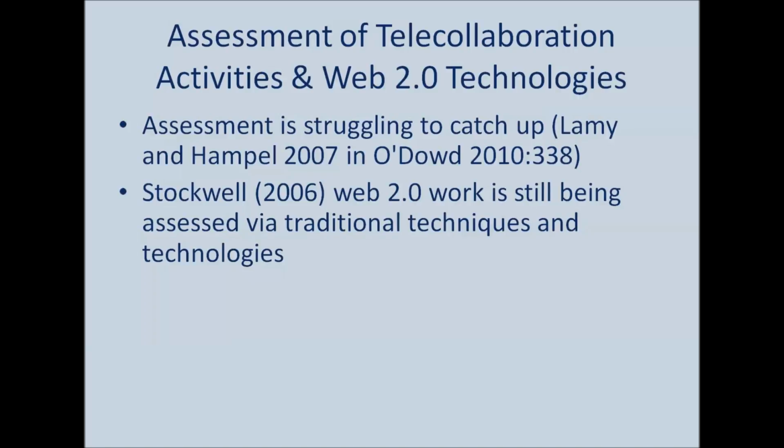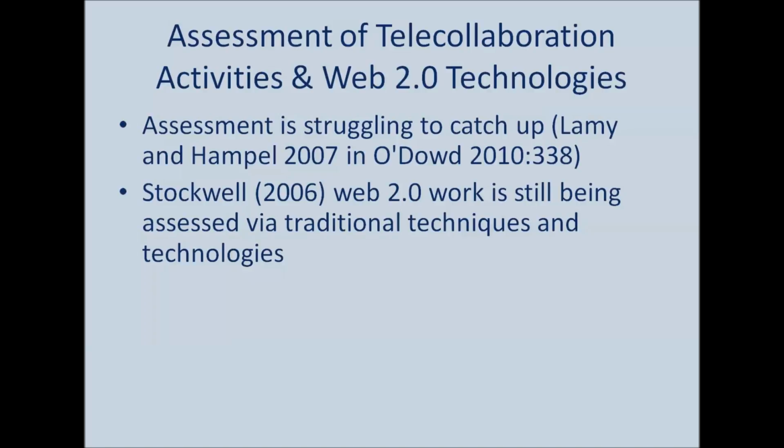So it is then not anymore a matter of just language learning, but also a matter of enabling students to develop intercultural communicative competence, or ICC, as mentioned by Schneider and von der Emde 2006 in O'Dowd 2010, and the role technologies play being central in the process in relation to assessment, because those technologies can also be harnessed to carry out assessment.